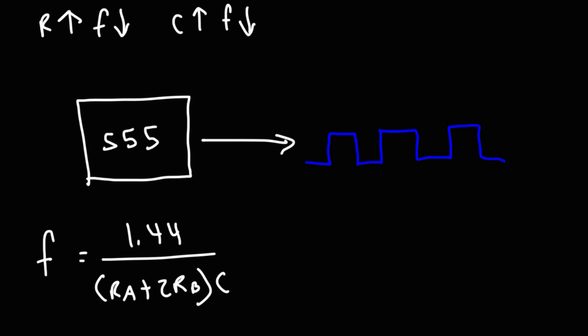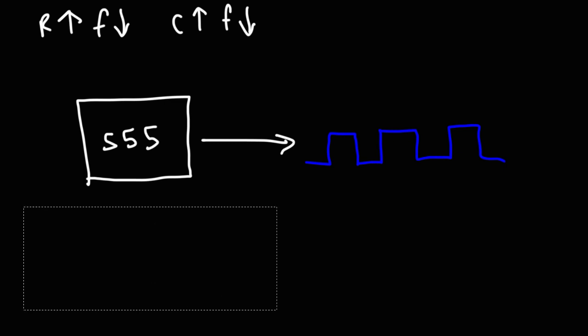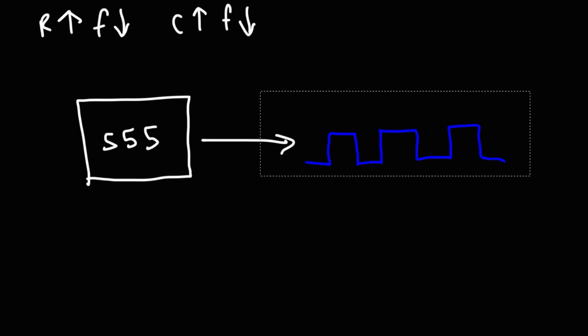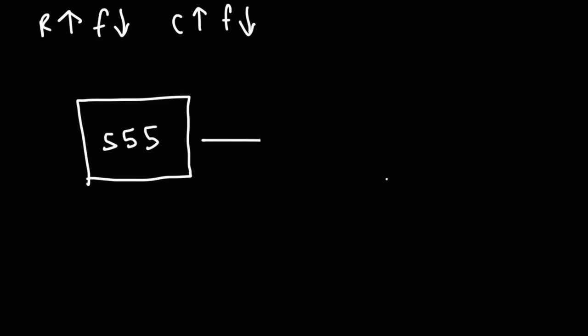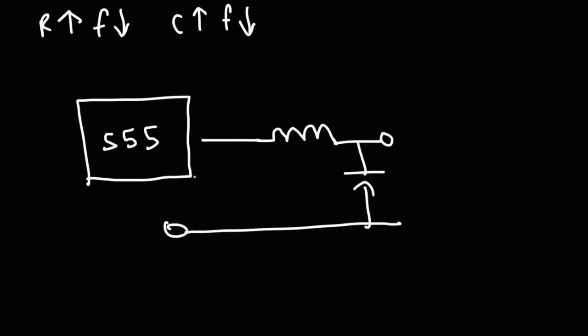Now, you can convert the square wave into a sine wave by introducing an LC network at the output. So if you were to add an inductor and a capacitor to the 555 timer at the output, this is the ground, by the way.